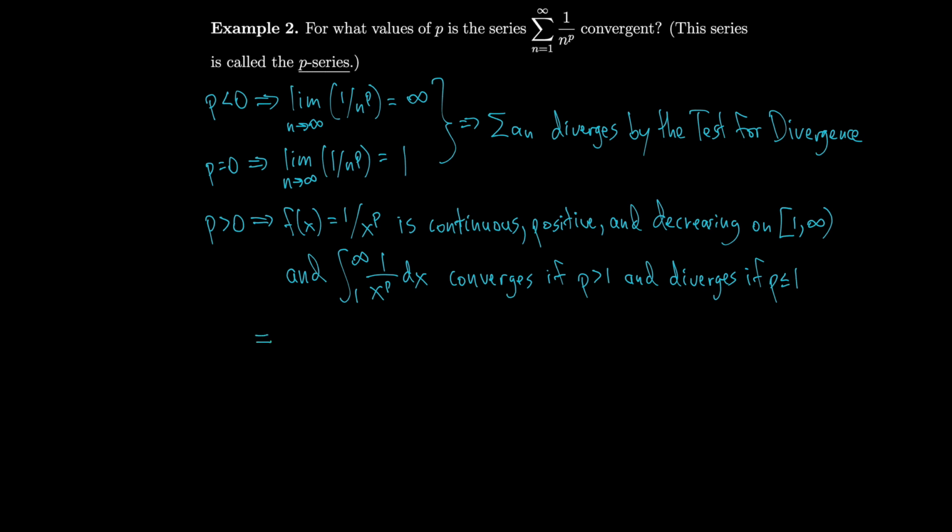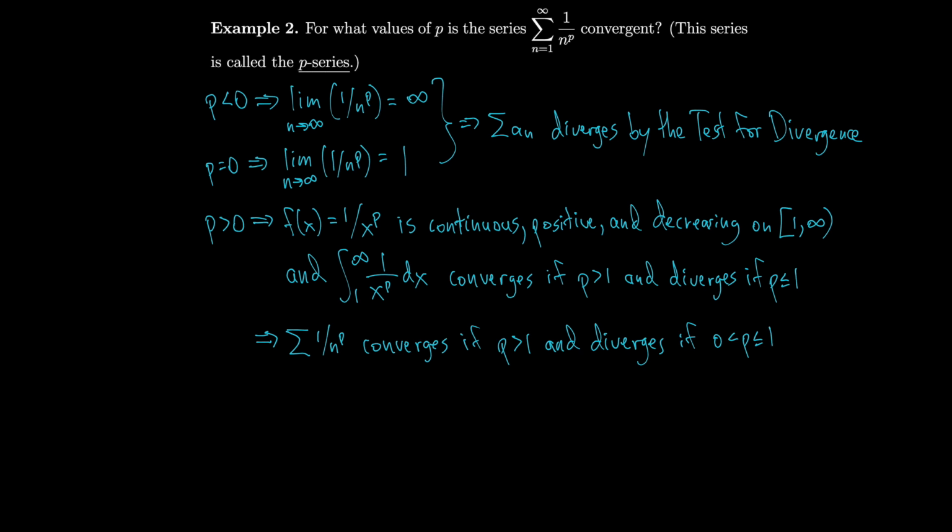So this means that our sum, 1 over n to the p, converges if p is greater than 1, and diverges if p is between 0 and 1.